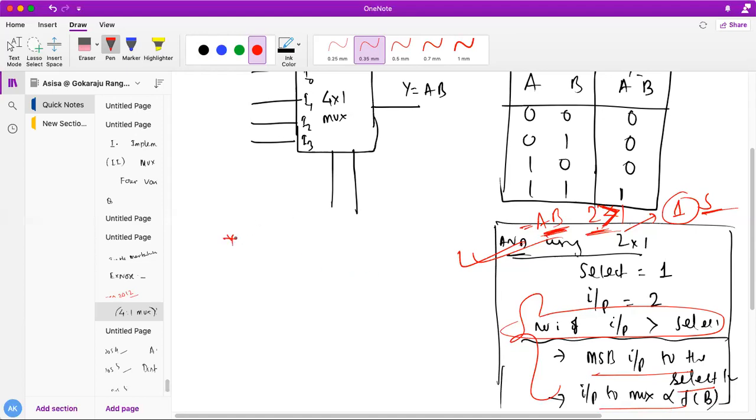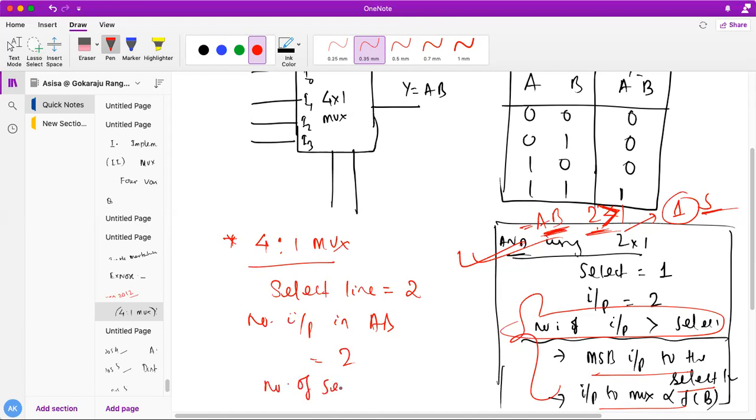Now what is the case here? In this case, while you are designing using a 4x1 mux, please try to understand, very important. Here number of select lines is how much? Number of select lines is 2, and number of inputs, AB, how much? 2. So here number of select lines is equal to the number of inputs. Am I correct, students? So this funda cannot work here.